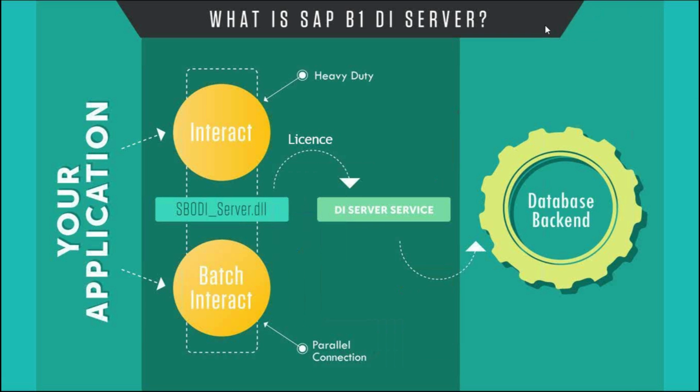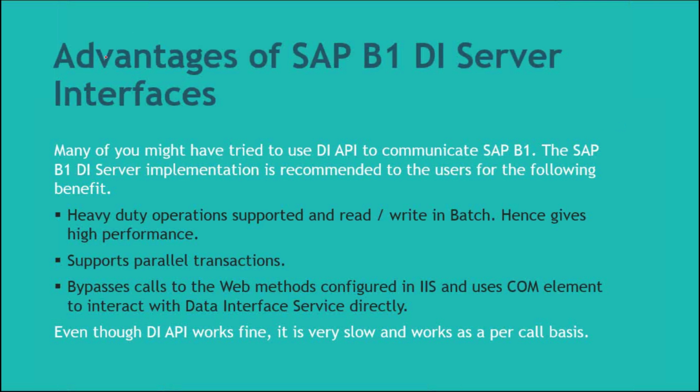Okay, let's move to the next slide. Now, what are the advantages? I've already told you that SAP B1 DI server interfaces support batch operation. It is heavy duty. That means you can parallelly write and read data from the SAP system, and it processes so fast that the serialization and deserialization of data is negligible.